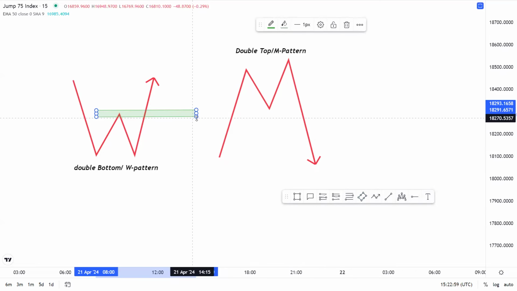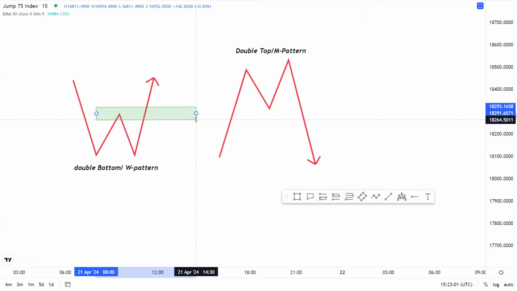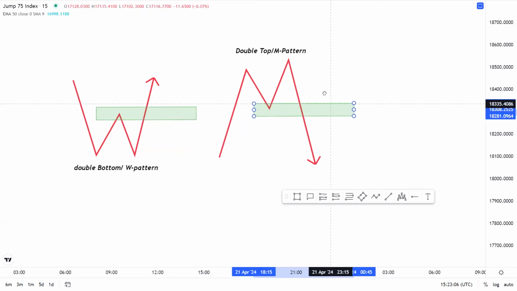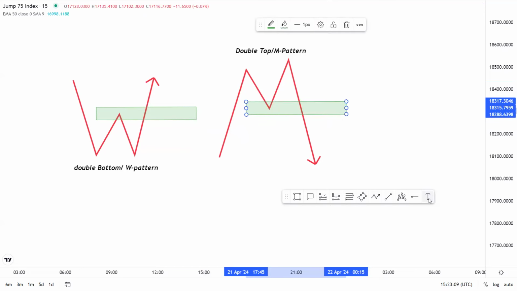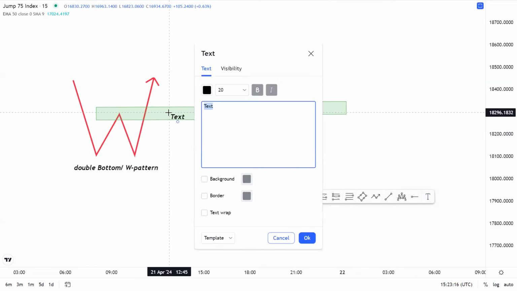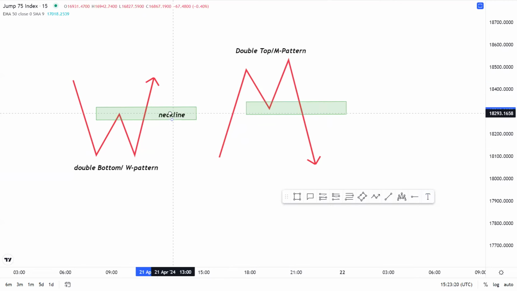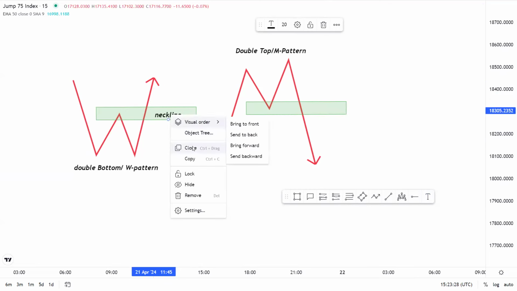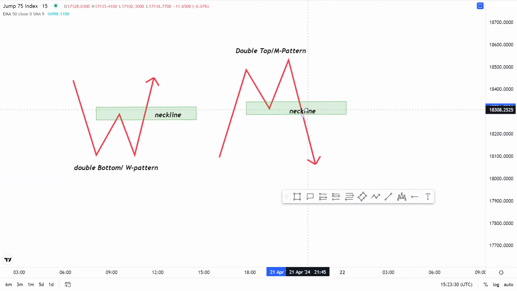So we have this being the neckline. Now this is called the neckline of the double bottom pattern, also the W pattern, while we have this being the neckline of the double top pattern.